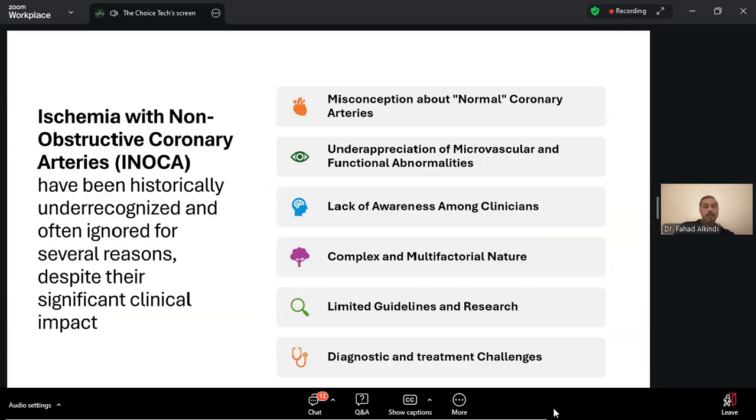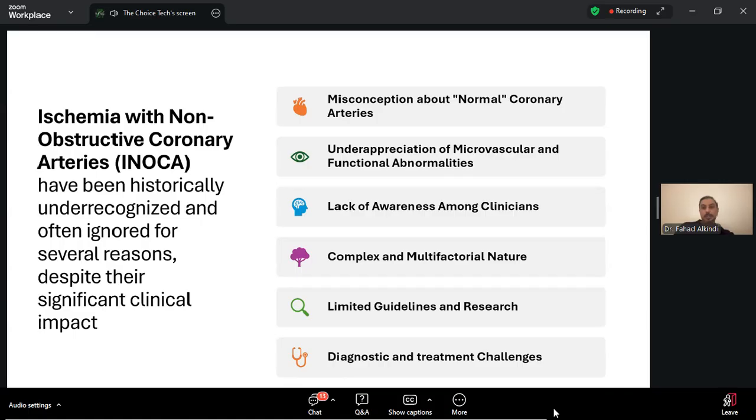And that's what is called INOCA, which is ischemia with non-obstructive coronary artery disease, which is historically under-recognized, even by us as cardiologists, for several reasons. One of them is the misconception about normal coronary arteries. Once we see that the arteries are normal in the coronary angiogram, we think that there is no coronary dysfunction, and we don't think about microvascular dysfunction.